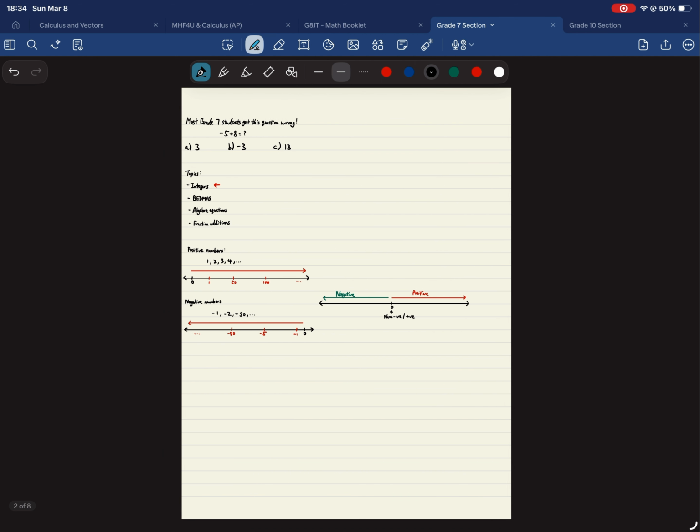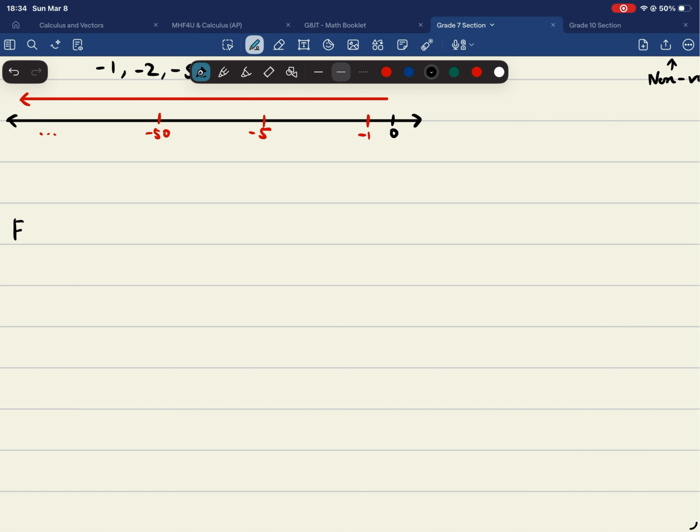Okay, the first example will be -3 plus 7. So, let's start at -3, because the first number here is -3.